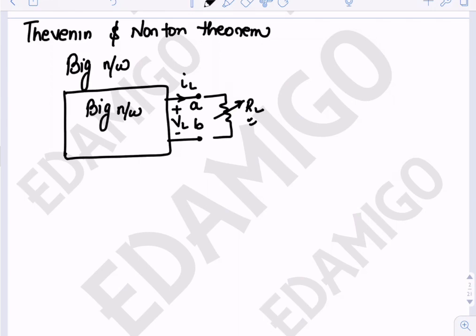So every time this RL changes, you have to solve this whole circuit again and again. So it is very difficult to do that.